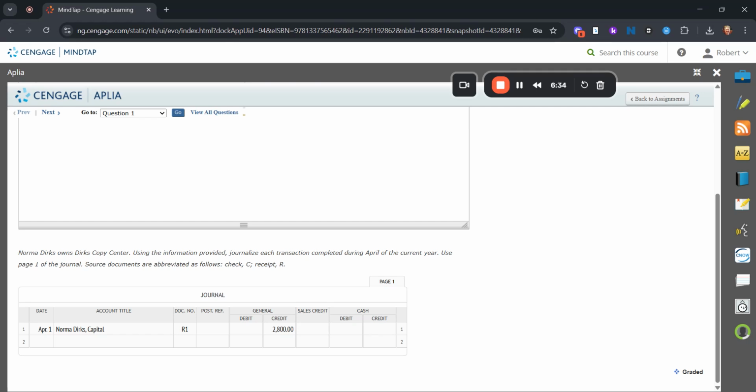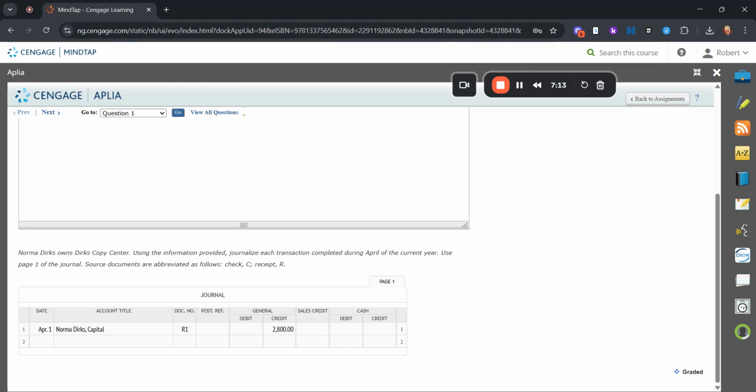But since cash is so often involved with the transactions, instead of using more lines in a journal for cash, it just gets its own columns added on to the end of the journal. So cash has its own columns. Plus, it makes it easier to compare the transactions and make sure you've got both effects in with the same transaction. So cash has its own section, just like sales is going to have its own section.